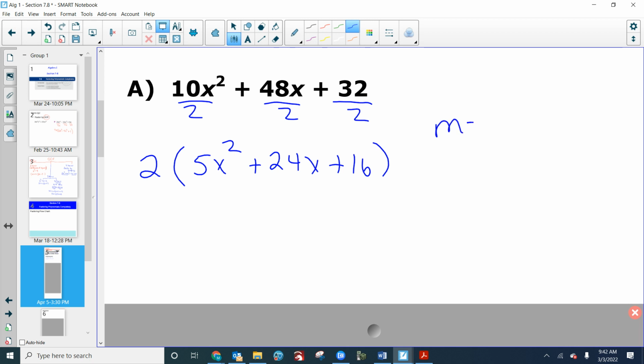Okay, so what multiplies to 80 that adds to 24? And there is a pair. What is it? Somebody say 20 and 4. I heard a couple people. 20 and 4?